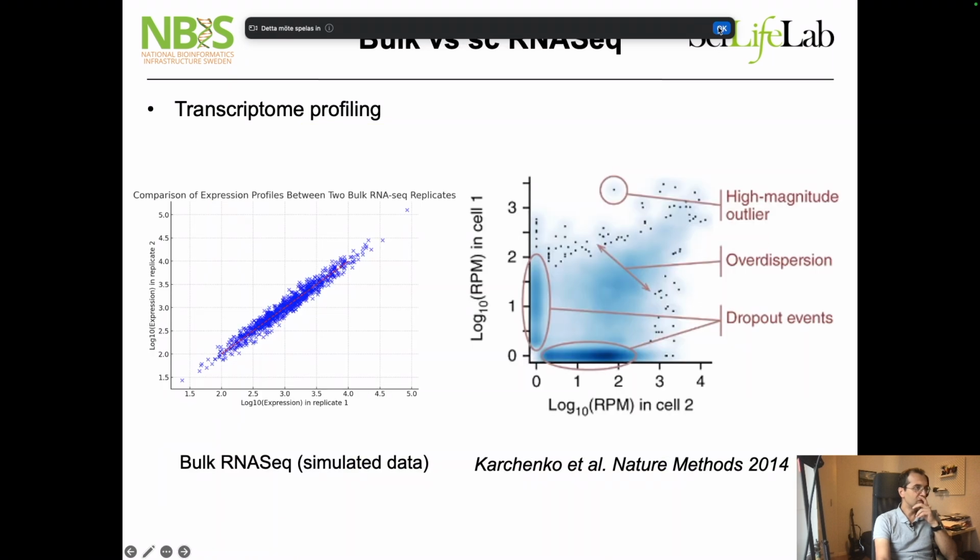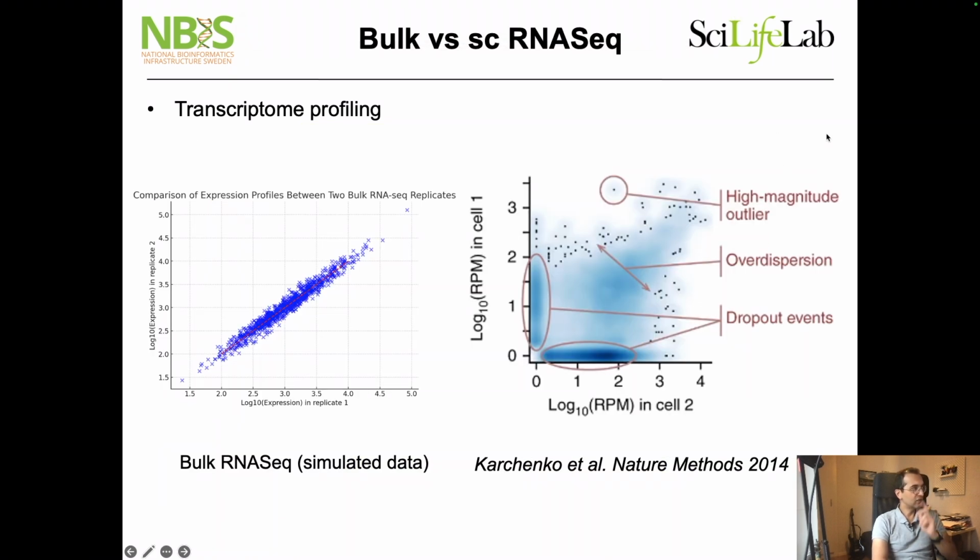So one of the key differences between bulk RNA-seq and single-cell RNA-seq is the expression profile that you see and the differences among the samples. So in bulk RNA-seq, you have a good correlation. Of course, it depends which set we are looking at, but overall, in general, the overall expression is well correlated when you're looking into replicates from the same group. However, in single-cell RNA-seq, there could be major differences between cells.